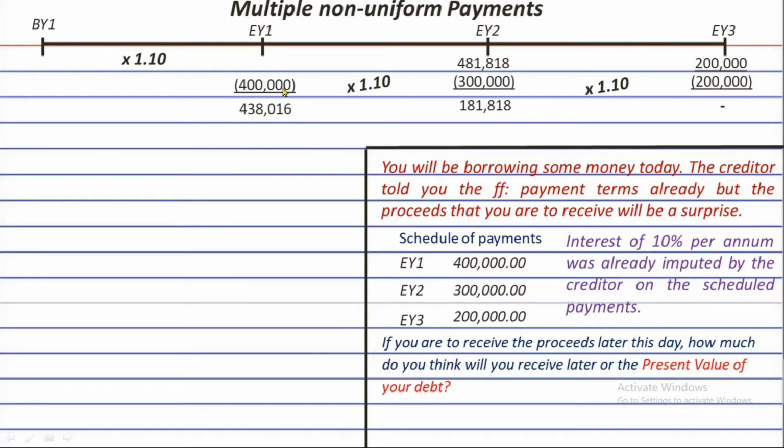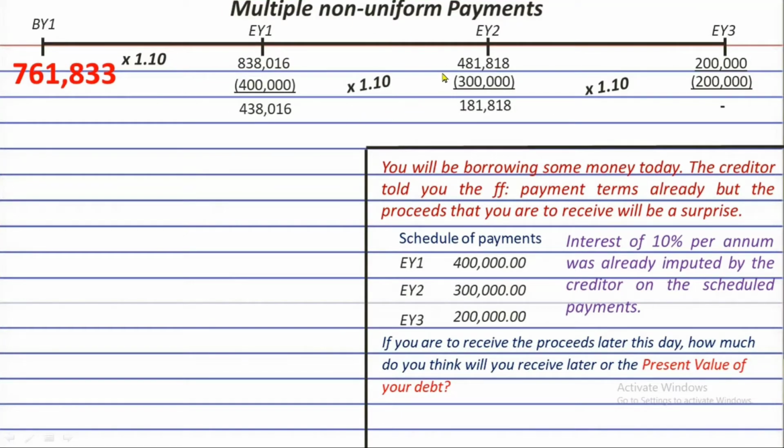And since this is the balance after you paid 400,000, then this amount here must be 838,016. And divide it by 1.10 for the last time, and we will have the present value that we're looking for, which is 761,833. So, in conclusion, expect that the proceeds that will be released to you will only be this one and not the whole 900,000.